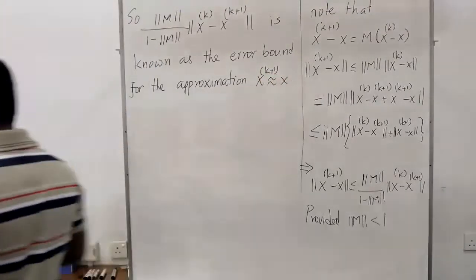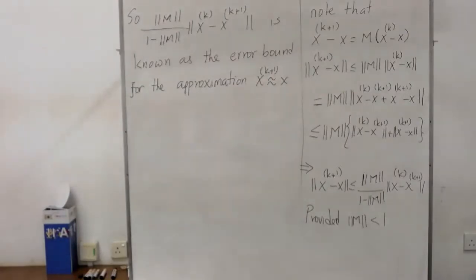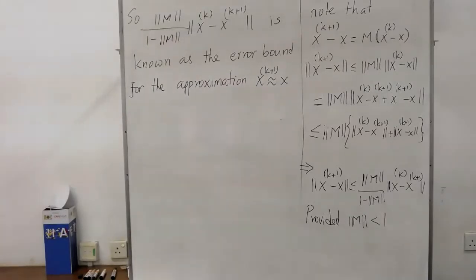Right, so this term on the right hand side of the inequality is known as the error bound in the approximation, when you approximate x k plus 1 as the approximation for x. Here M is the iterative matrix.